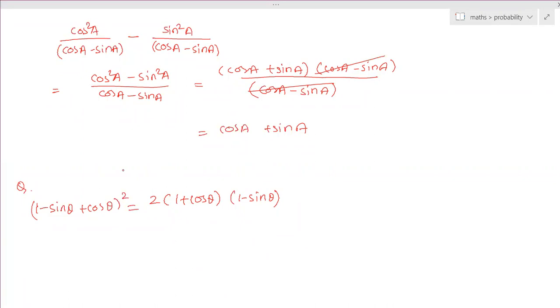LHS is a trinomial square, so use the property of the trinomial square and open the bracket: a plus b plus c whole square. Do it.